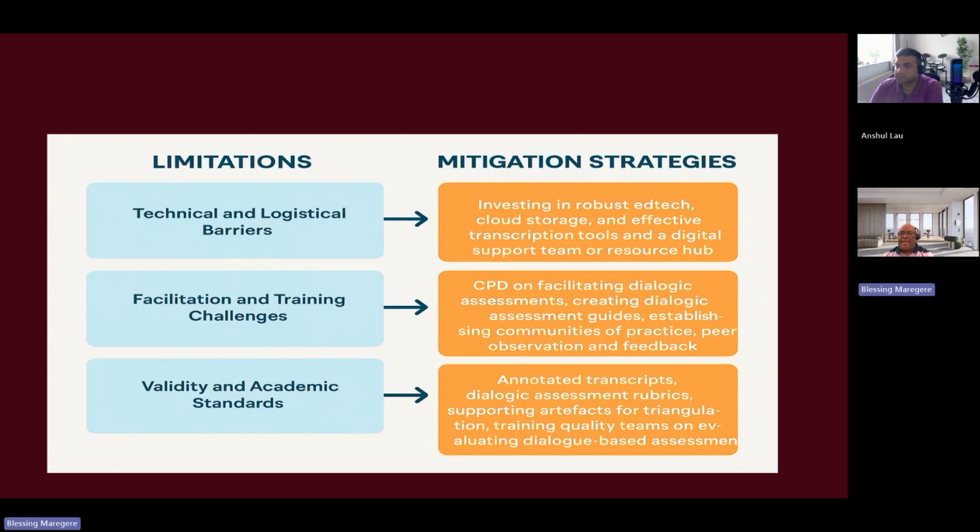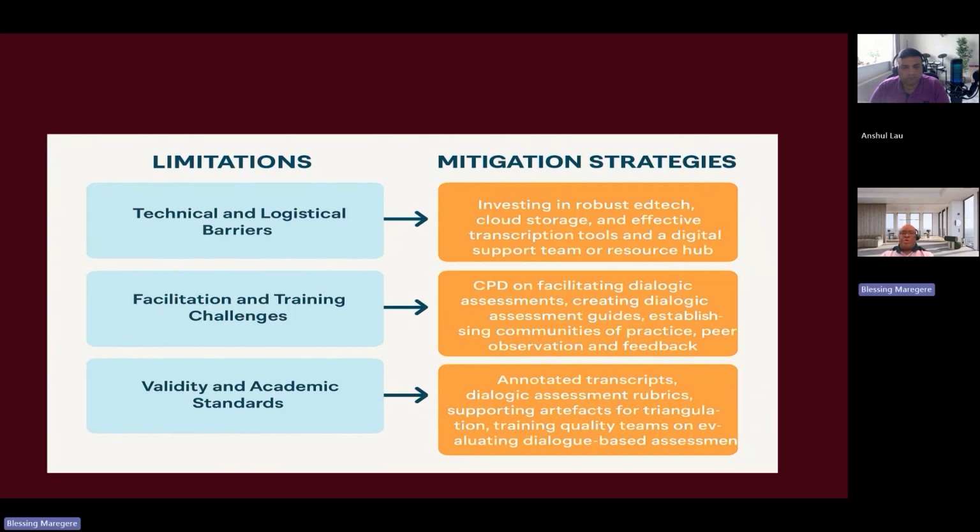Validity and academic standards is always an issue when we introduce innovative ways of assessments. So through the use of annotated scripts, using dialogic assessment rubrics that are tailored to professional discussions or dialogic assessments.